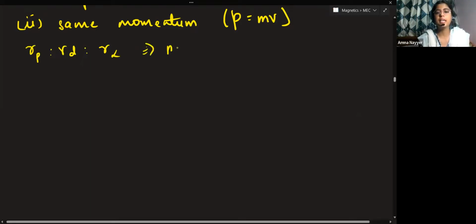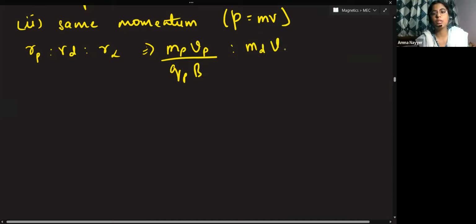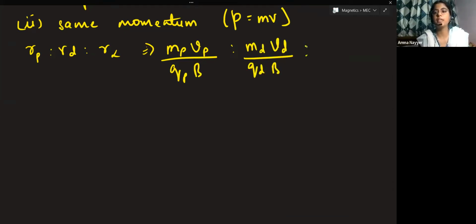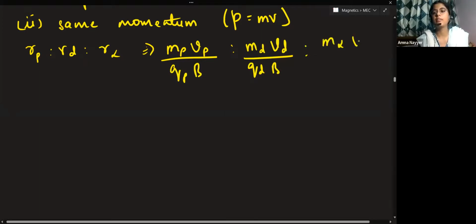See how the formula will be: mP into vP divided by the charge on the proton into the magnetic field, is to the mass of the deuteron, velocity of the deuteron, charge on the deuteron and the magnetic field, and the mass of the alpha particle, velocity of the alpha particle, charge of the alpha particle and the magnetic field.